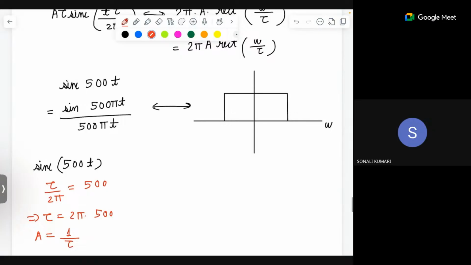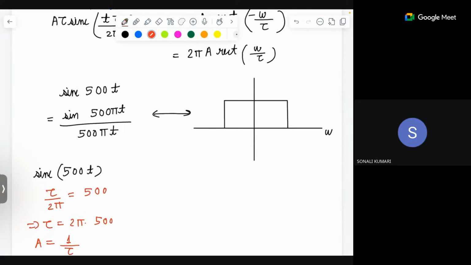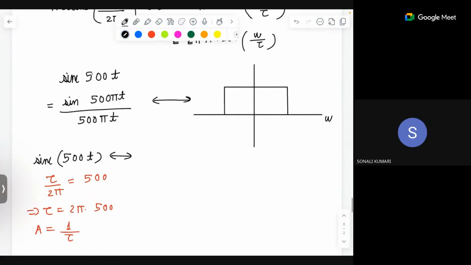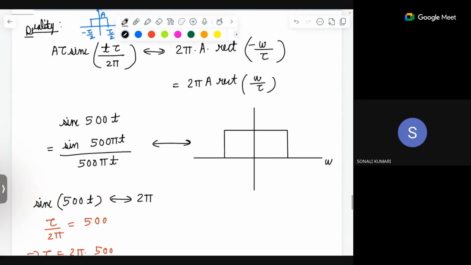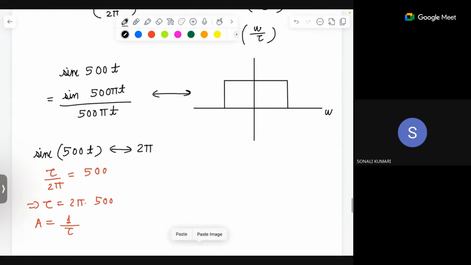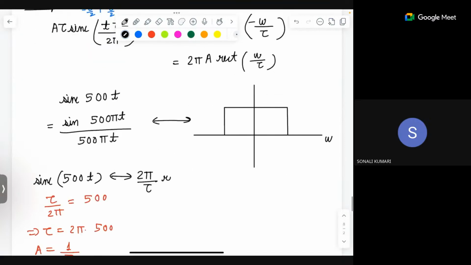And the Fourier transform of sinc 500t will be equal to 2 pi, and A is 1 upon tau, so 2 pi upon tau rect of omega by tau.